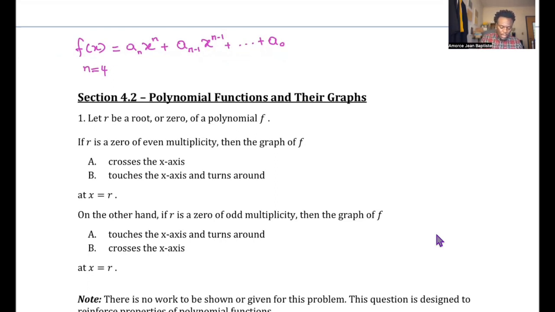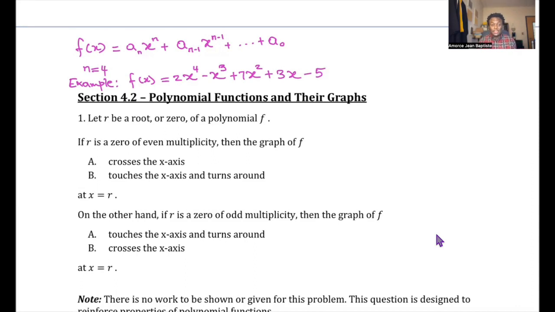So now if I take an example of a polynomial function of degree 4, that can be seen as f of x equals 2x to the power 4 minus x to the power 3 plus 7x exponent 2 plus 3x and then minus 5.